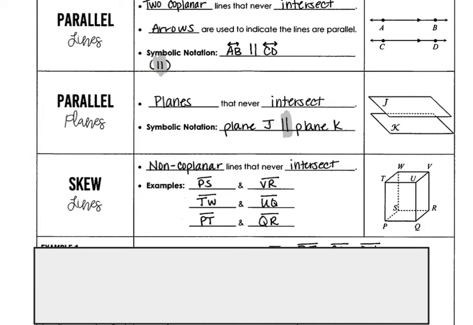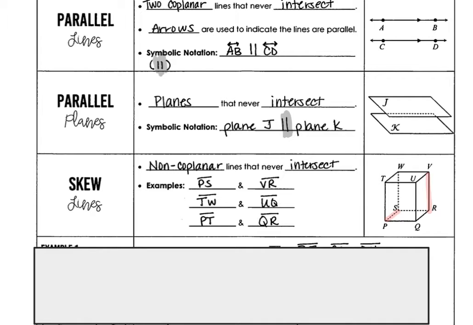Skew lines are non-coplanar lines that never intersect. So they're lines that do not lie on the same plane and they never intersect. So for example, on the planes to the right, we've got line PS is skew with line VR. Line PS does not lie on the same plane as line VR, so they're non-coplanar, and they will never intersect, so they're skew.